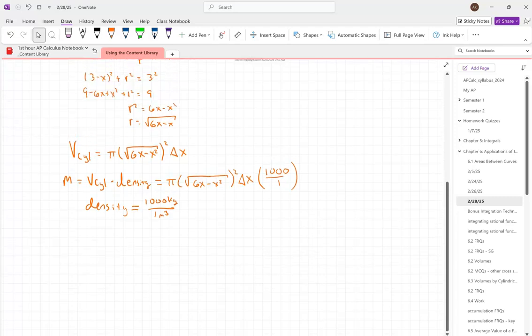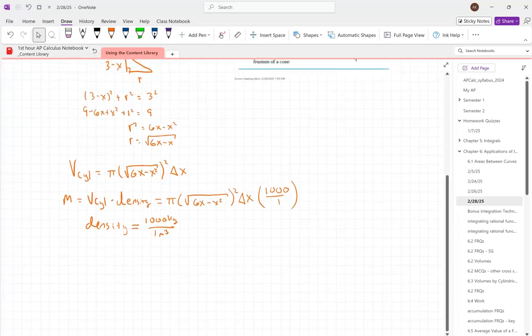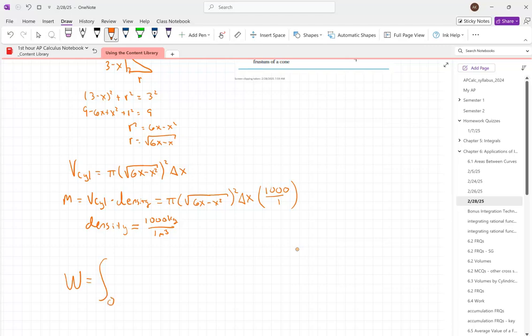So my work then can be the integral from 0 to 6 of pi times 1,000 times 9.8 times that guy.